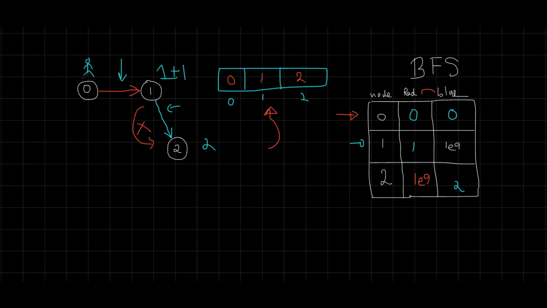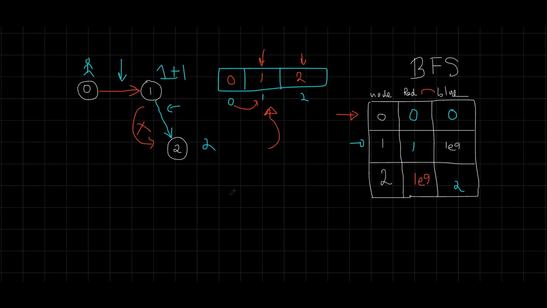That means if we want to reach 0 from 0 with alternating colors, the path distance will be 0. For 1, if we reach node 1 from 0 with alternating colors, the path distance will be 1. And for 2, if we reach node 2 from node 0 with alternating colors, the path distance will be 2. I hope you understood the problem statement as well as the algorithm.